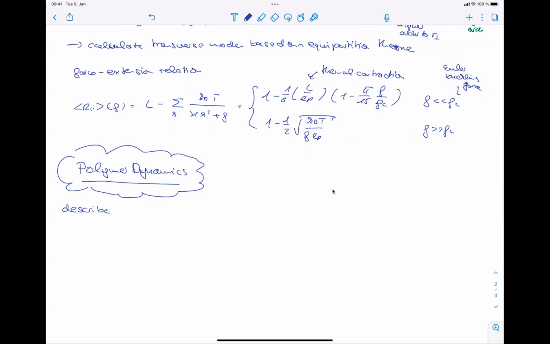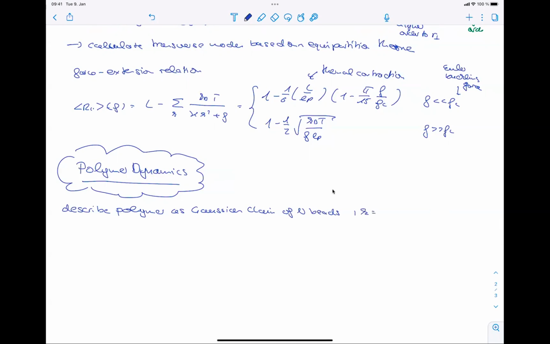So now, dealing with polymer dynamics, I will first go back to the Gaussian chain and develop methods in the Gaussian chain model, and then briefly give a lookout into how to describe semi-flexible polymers. So we describe a polymer again as a Gaussian chain of n beads.